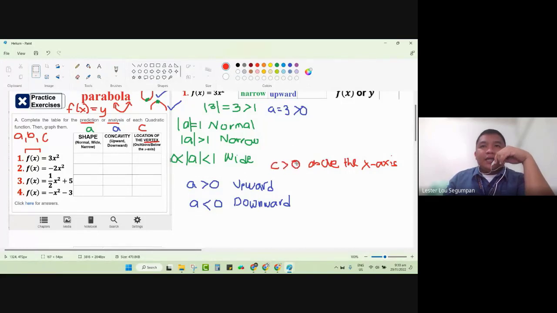However, if the C coefficient is less than 0, the other way around, the vertex is below the x-axis. It's not the parabola, but the vertex is below the x-axis. And of course, if C is equal to 0, where we allow it, unlike A, because A can no longer be 0, if C is equal to 0, it is on the x-axis.